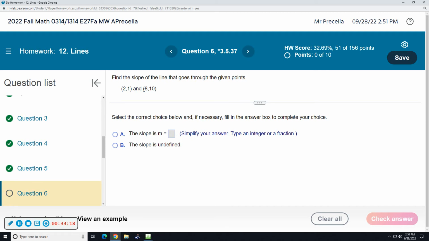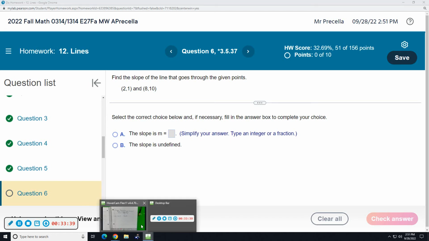So that's why we have a formula for it, and math loves formulas. Number 8: find the slope of the line that goes through the given points. If push came to shove and you don't know the formula, you could draw it out and count rise over run. But here we're going to use that formula. Did you write it down, Tim?